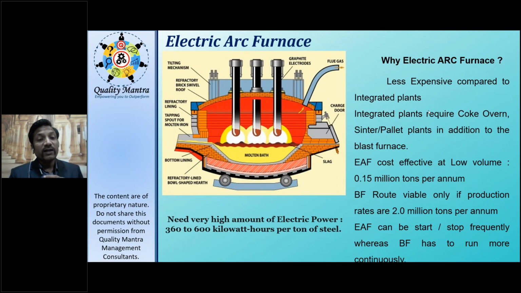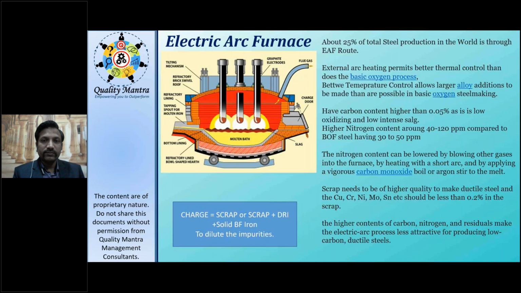It will require almost 360 to 600 kWh per ton of steel. So per ton you will require 360 to 600 units of electricity. That is an added cost actually. And you will require the supply of electricity also. So as I told you, around 25% to 30% of total world production is through the electric arc furnace route.